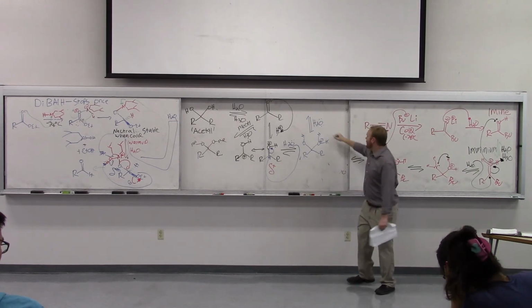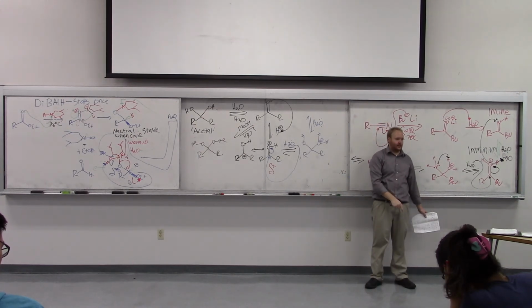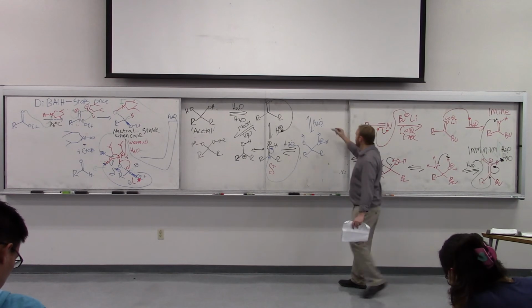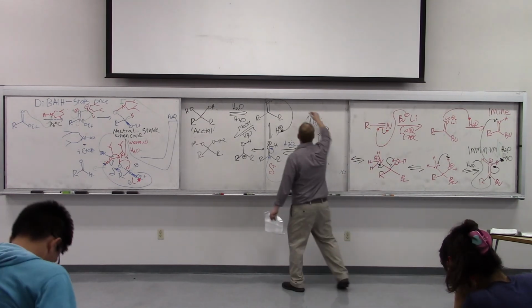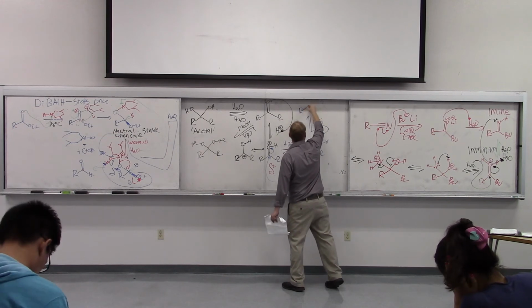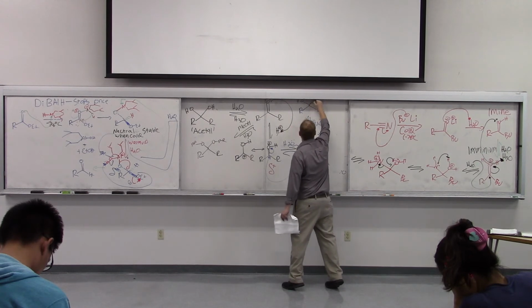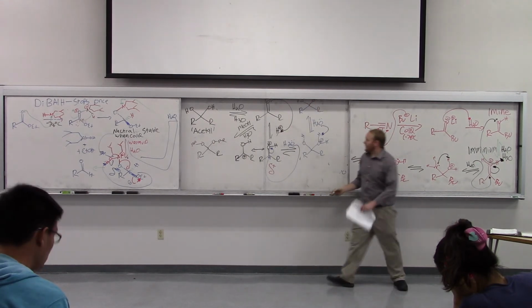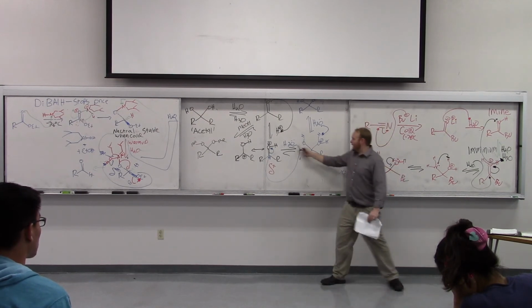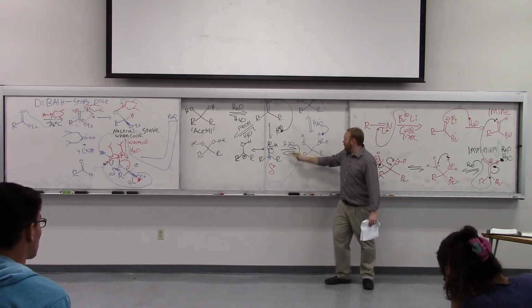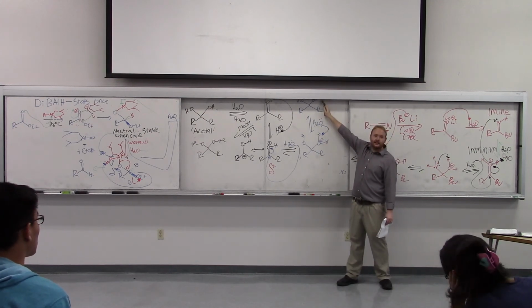So now you can imagine one of these waters can do an intermolecular proton transfer to give our hydrate. So hydrates are simple things to form. When we use water and acid, and we protonate this and the water adds, we just need one proton transfer. Can everyone see this?